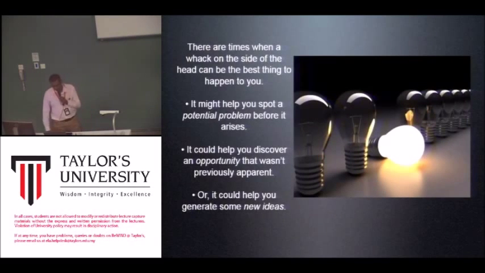When you have a whack kind of experience, you will be able to spot problems, and you will be able to spot possibilities as well. So, generating new ideas: don't see problems as a problem. Always see problems, or whacks, as opportunity.